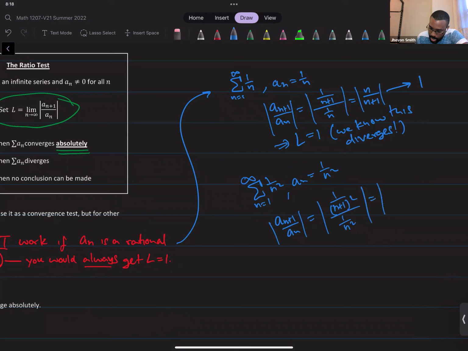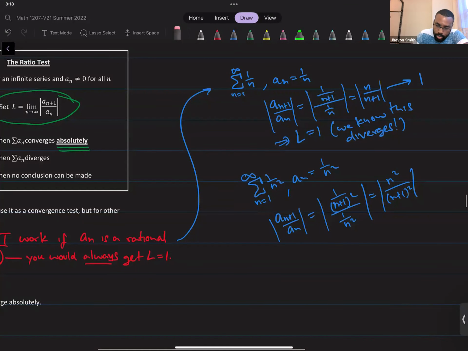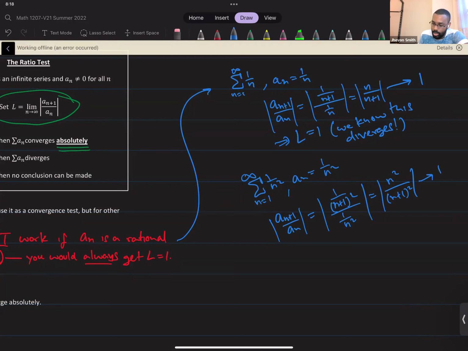That's just n squared divided by (n plus 1) squared, a second degree polynomial divided by a second degree polynomial. As n goes to infinity, this goes to the ratio of leading coefficients. The leading coefficient on top is 1, and on the bottom is 1. So this goes to 1. This means your L is 1, but we know this converges. So when your L is 1, it can go either way.